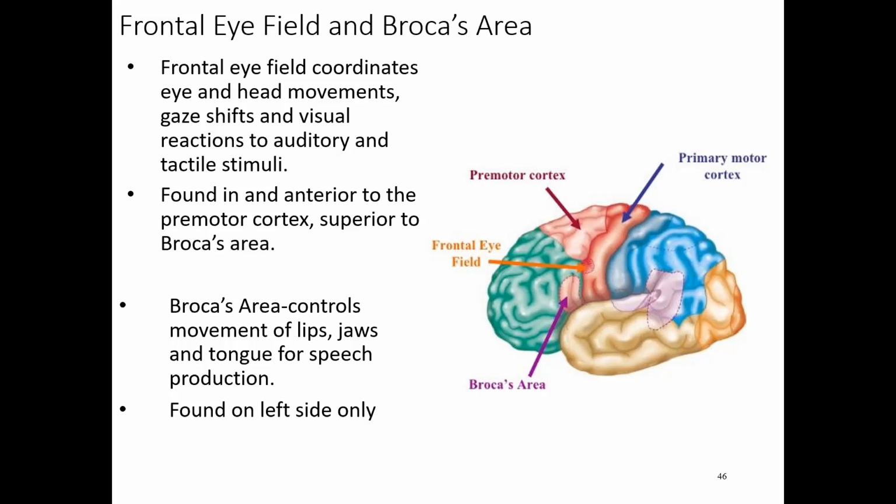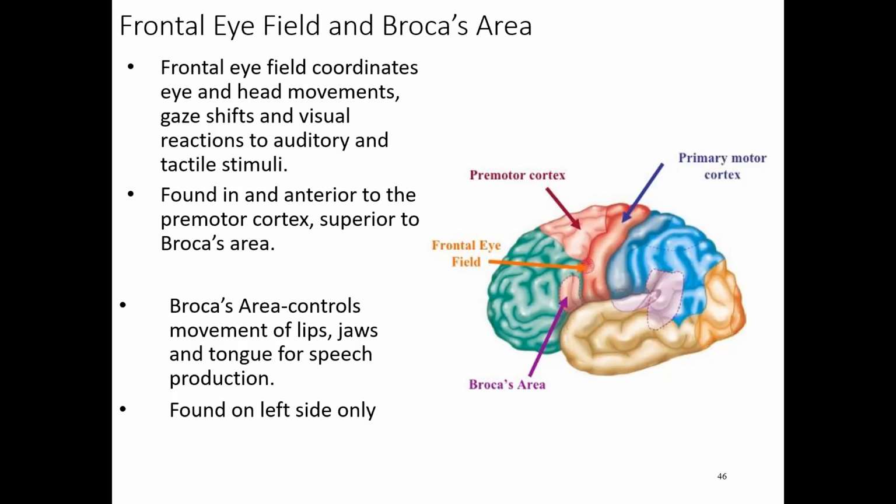Anyway, Broca's area controls speech, controls our tongue, our teeth, our mouth, our lips, so that we can produce sounds. It's only on the left-hand side, so it's our speech area. All of the noises that we make with our mouth are controlled on the left-hand side of our cortex in the area we call Broca's area. There's no Broca's area on the right-hand side.